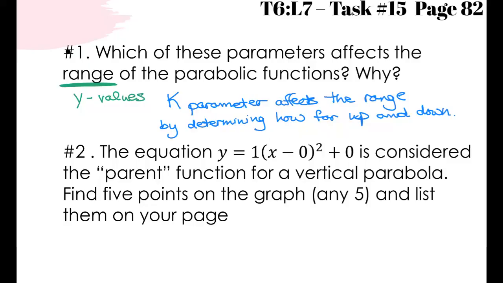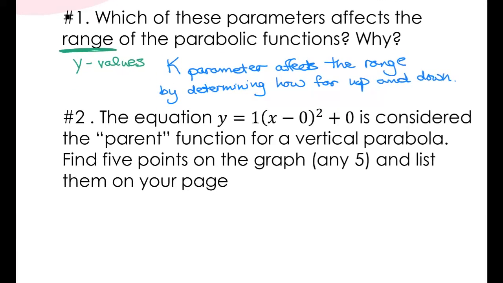Because if your k value is 4, that is going to move everything up 4. Okay? If your k value is -6, that's going to move that whole parabola down 6. Okay?